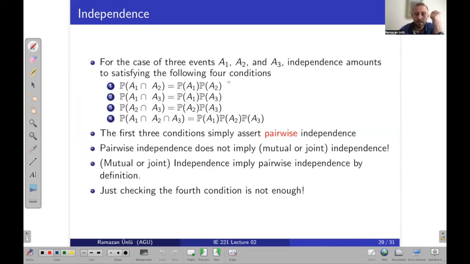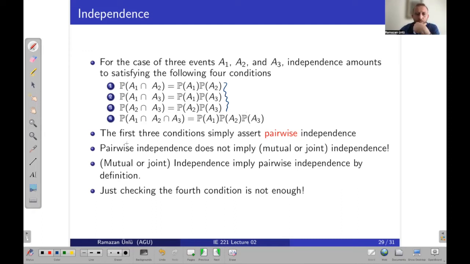The first three actually check the pairwise independence. Checking these, but not the last one, cannot ensure that these three events are independent. So you have to check all of them, not just the first three, not just the last one, but all of them.